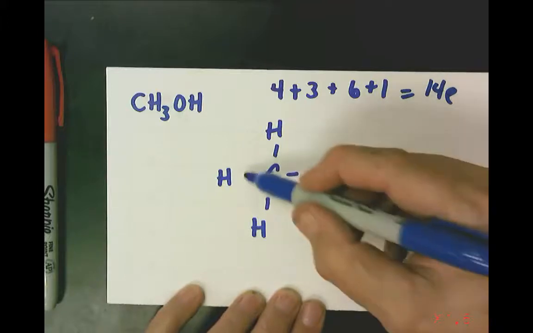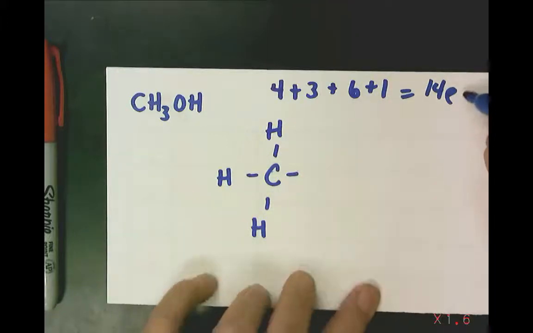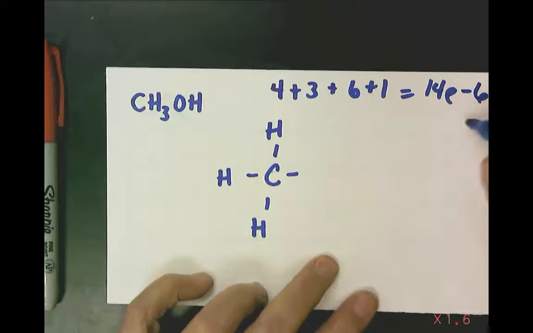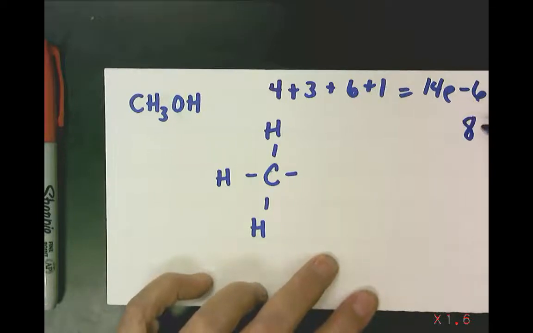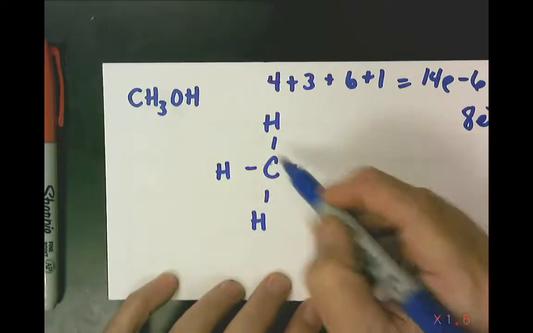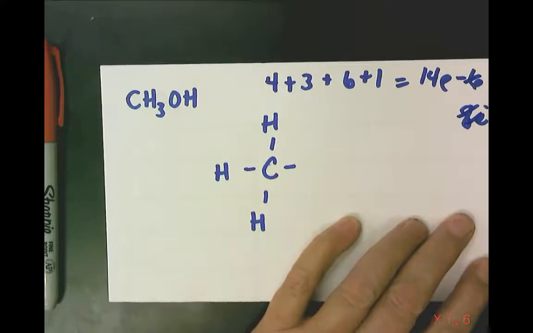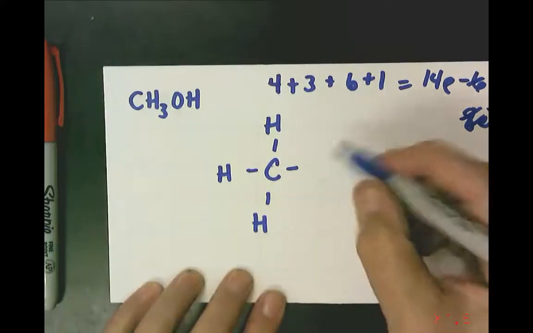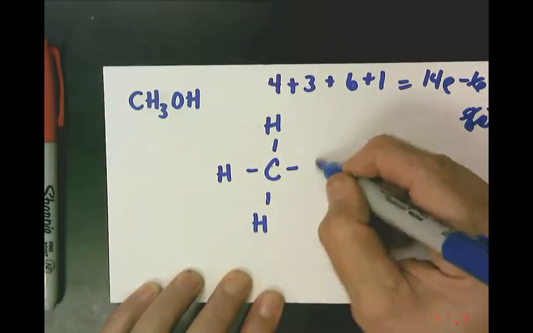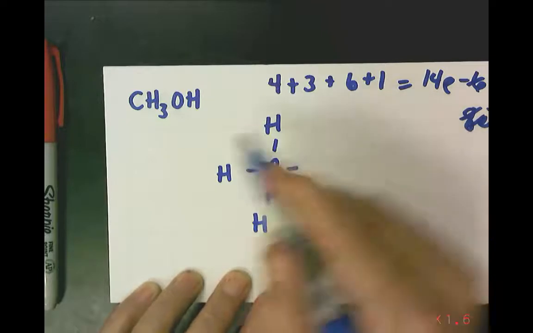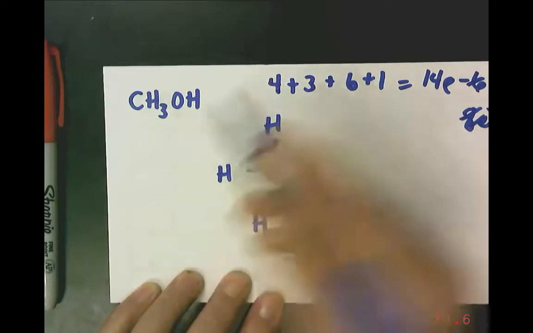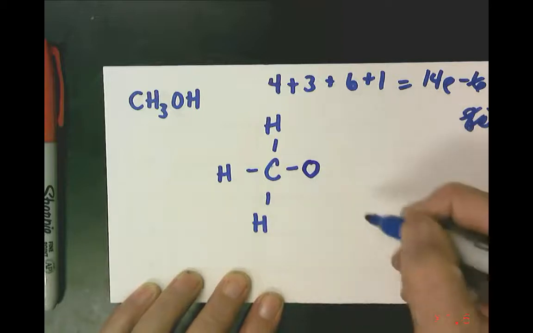Okay, so we've used 2, 4, 6. All right, so we've got 8 left. Actually, we've used 8, so we've got 6 left. Okay, and so we're not going to put the hydrogen here, because then what do we do with this oxygen? Okay, so the oxygen is what must be bound next.